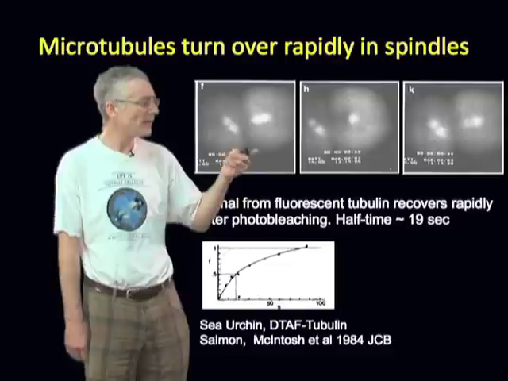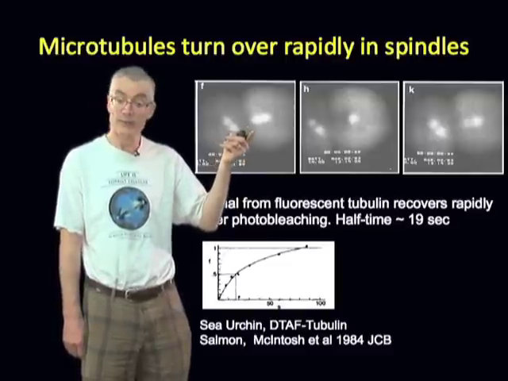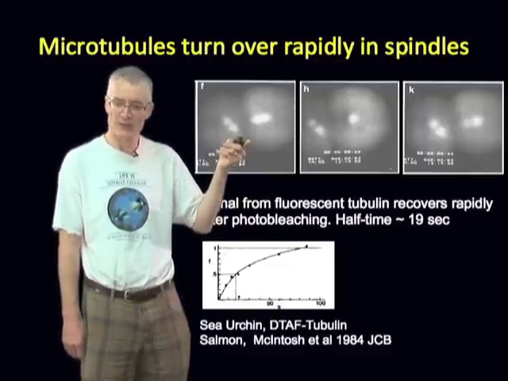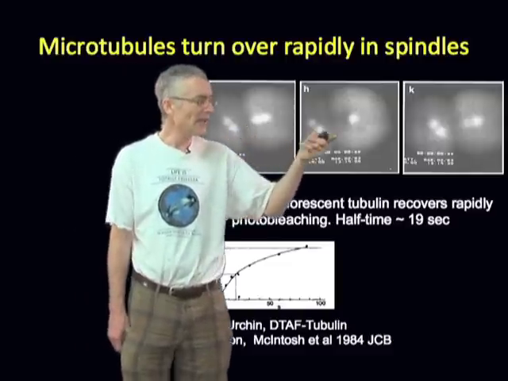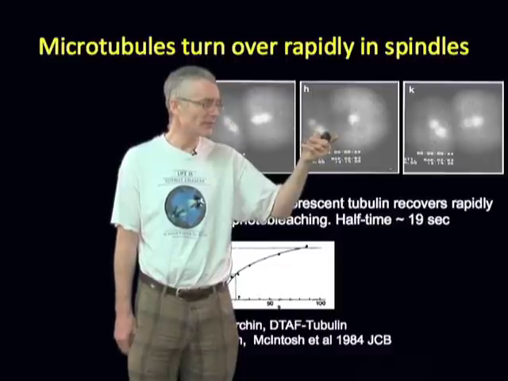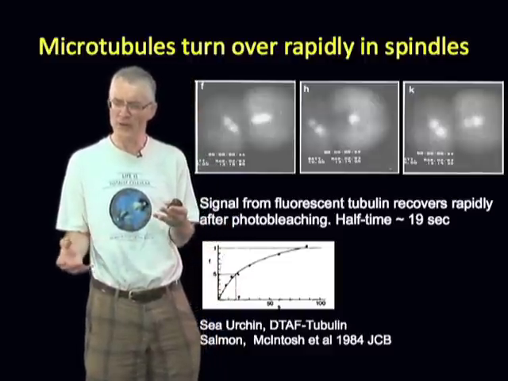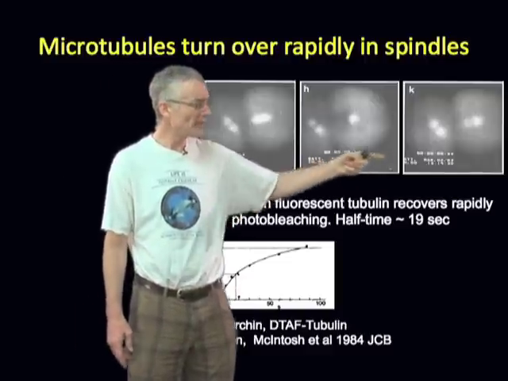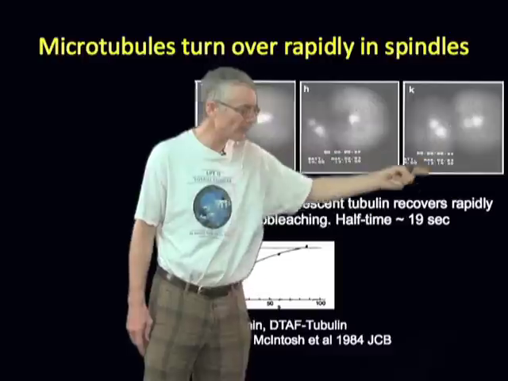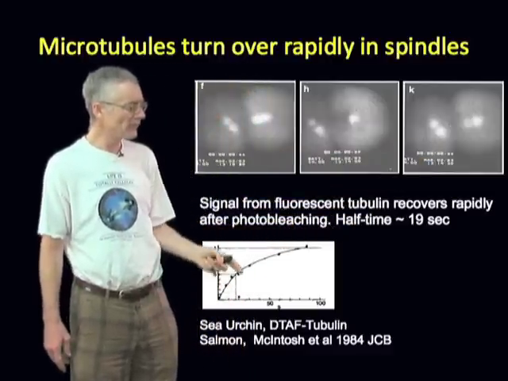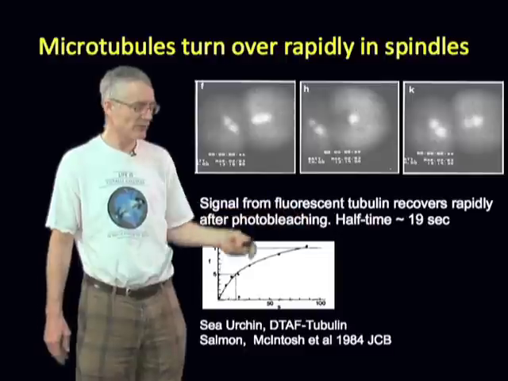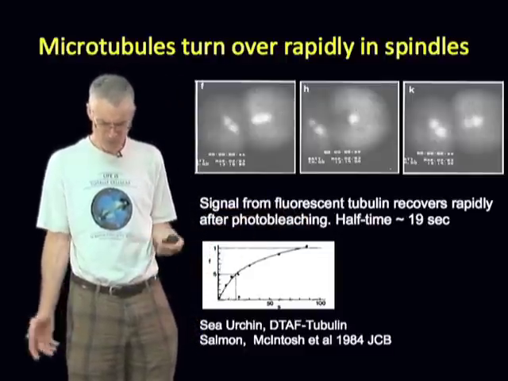But the idea in this experiment is you have a spindle containing fluorescent tubulin. This is microinjected fluorescein-labeled tubulin. A laser was used to bleach one half of the spindle, and key to this experiment is you're not actually damaging the spindle, you're just turning off fluorescence. And then a few seconds later, you can see recovery here. And you can plot a curve of recovery, and in fact the half-time recovery is about 19 seconds.